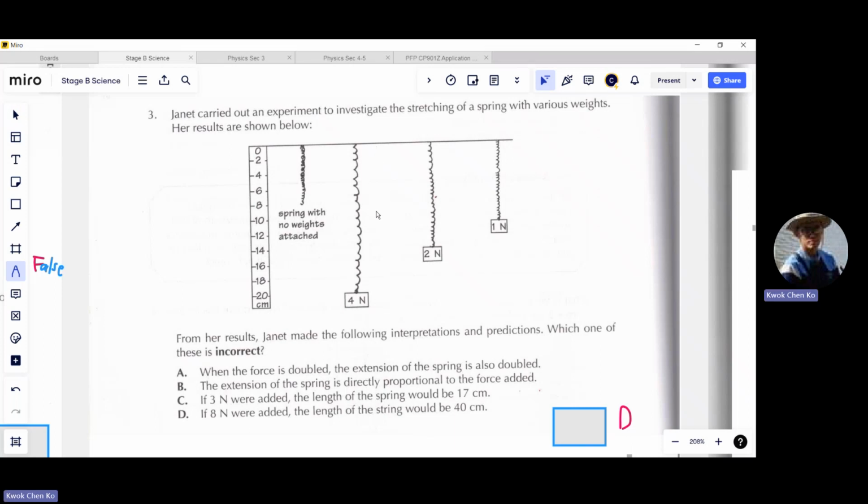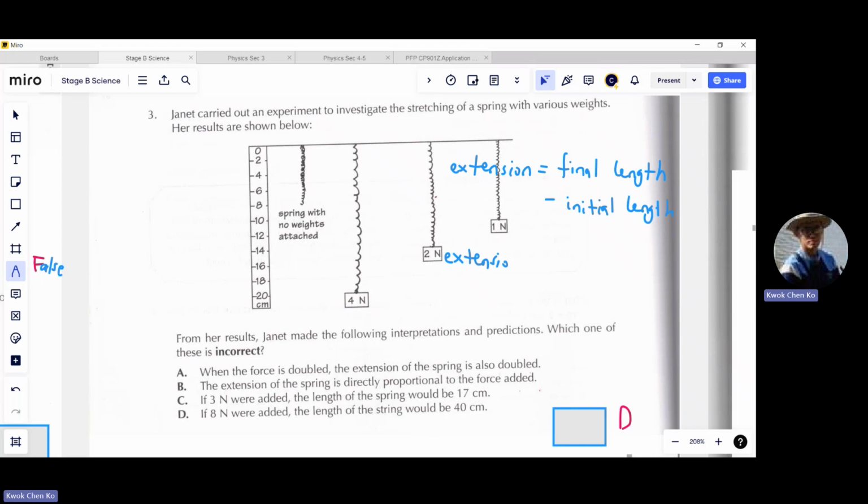I don't know whether you notice, okay, there's one important concept they taught in primary school called extension. Extension means final length minus initial length of a spring, or it can be a rubber band too. The second thing is, since you guys are all in lower secondary, I can add something else.